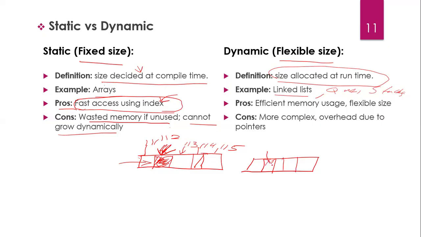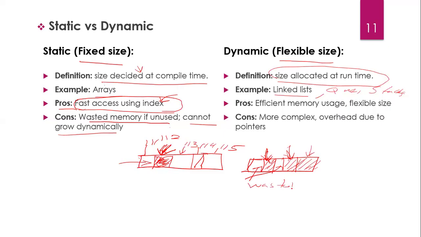Someone used this locker, this locker and this locker. We have allocated space to these five lockers, but we have only used three lockers. So these two memories are wasted.